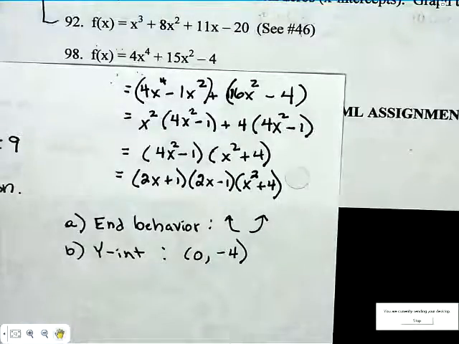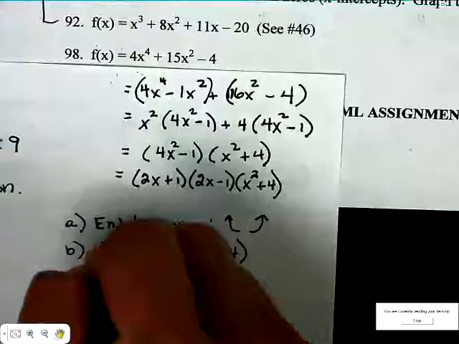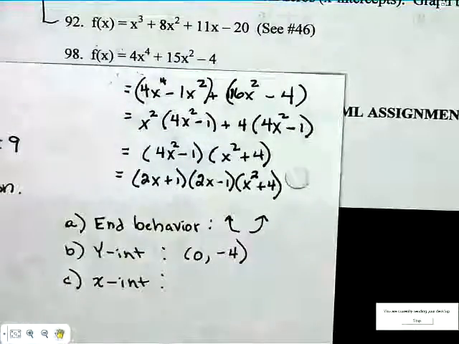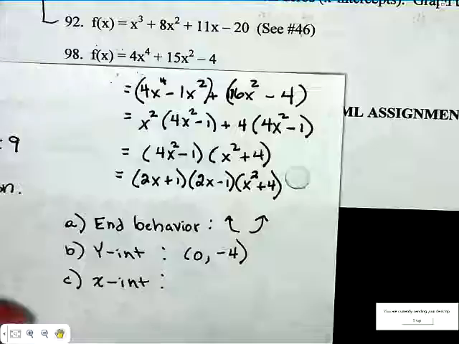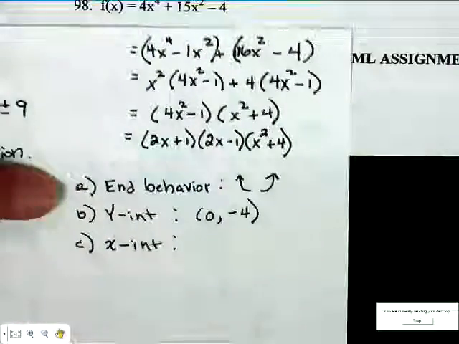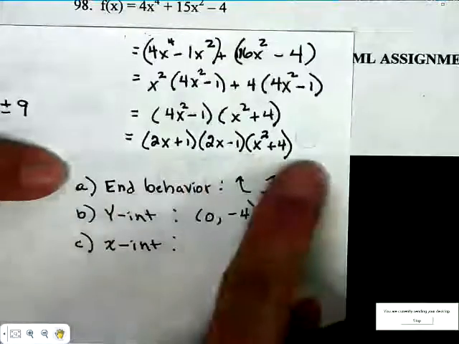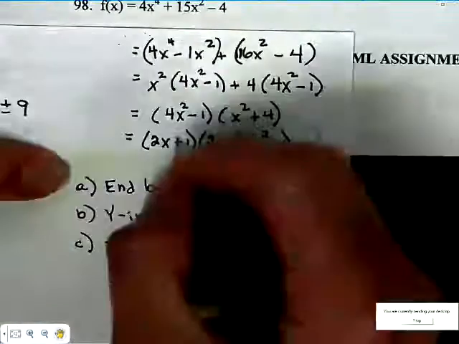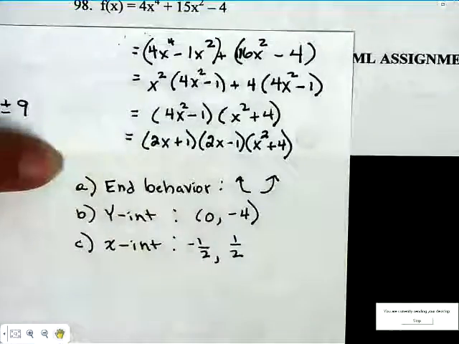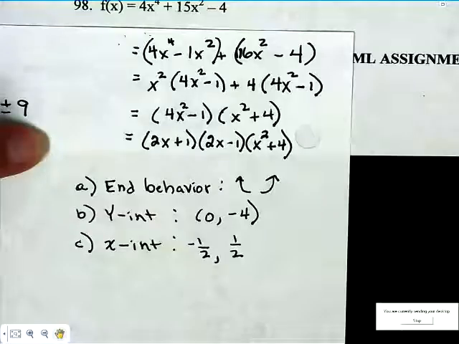And the C part, since I already have it factored, I can tell you the x-intercepts are what? Just set each of these factors equal to 0. You get negative 1/2 and positive 1/2. And the x squared plus 4 would give you an imaginary solution, which can't be an x-intercept.